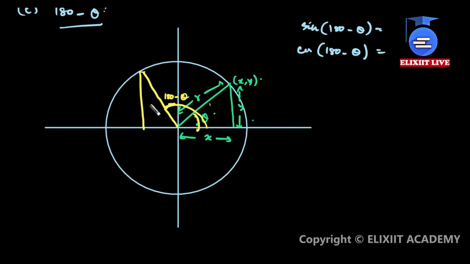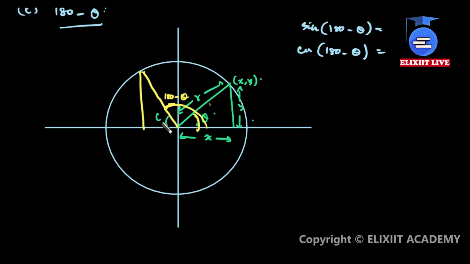Now, the first thing you need to do is this: if this is theta, this is 180 minus theta. So gradually this particular angle will also be theta.